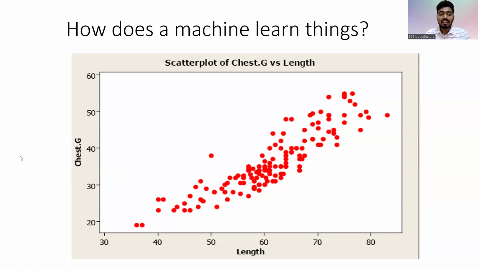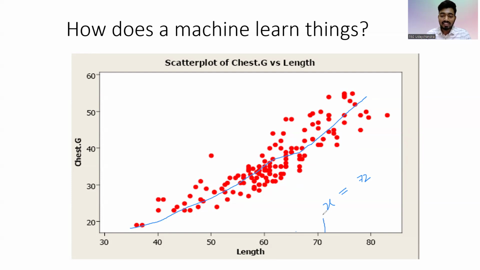It's simple. Let's draw some line like this. It's a straight line. That means you're going to fit a straight line to this entire data. Now if I randomly pick some x value, let's say x equal to 72, maybe 72 lies down here.